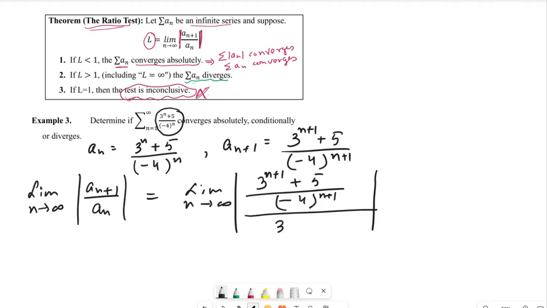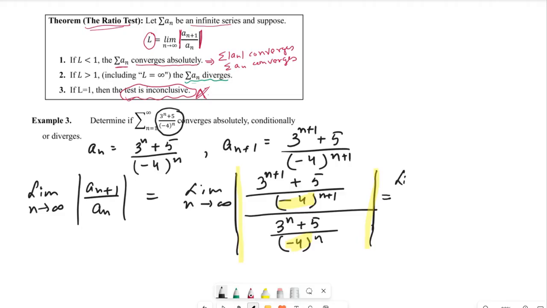What is a_n? (3^n + 5) divided by (-4)^n. Now, the only thing which is negative here is this, and the absolute value takes care of the negative, right?